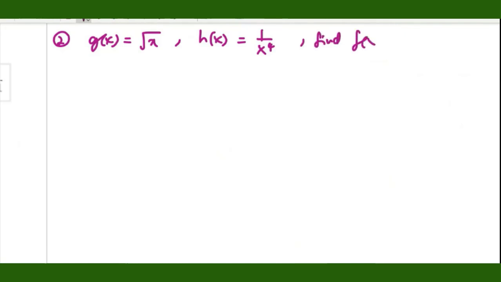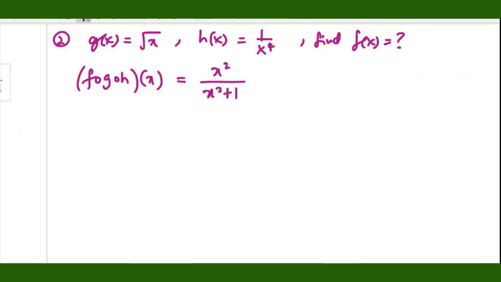Given g(x) equals sec x and h(x) equals 1 over x to the power of 4, find f such that f of g of h of x is x squared over x squared plus 1.